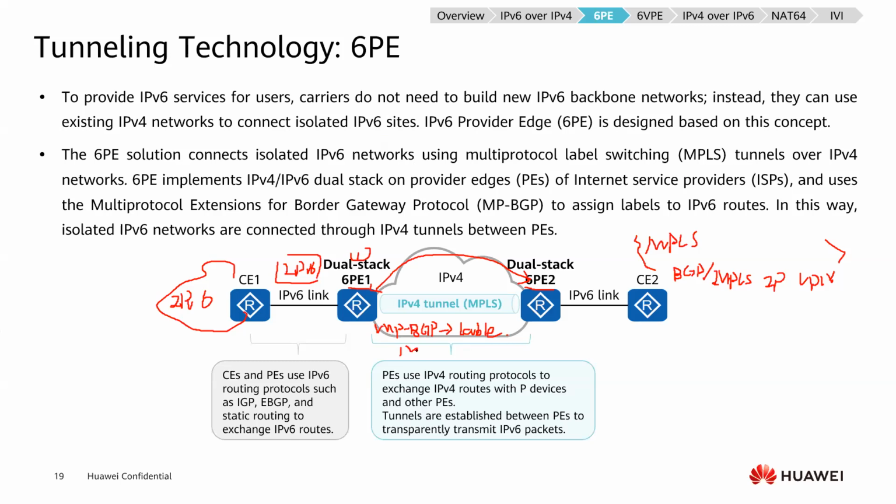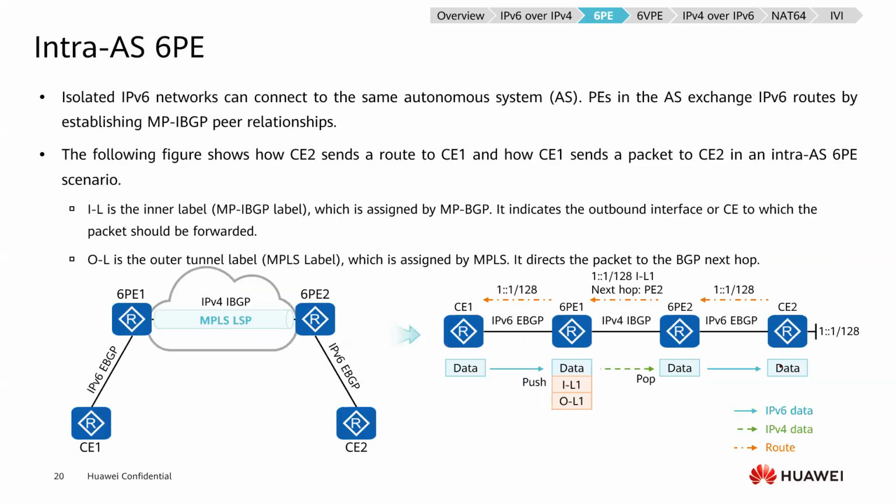The outer label comes from MPLS, because you establish an MPLS tunnel, just the RSVP. So you will use another outer label to send the traffic hop by hop. So this is the 6PE.